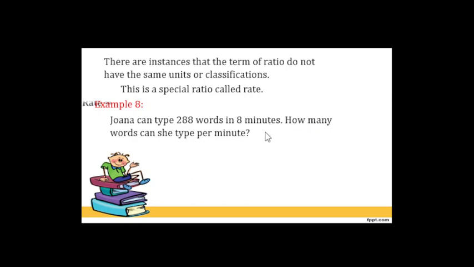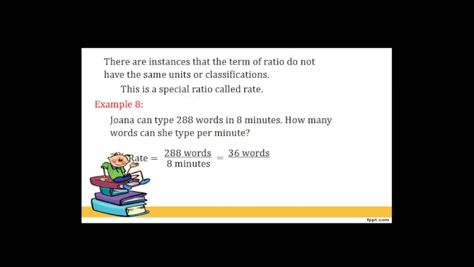So, the rate is equal to 288 words over 8 minutes. So, we can divide both terms by 8. And 288 divided by 8 is equal to 36.